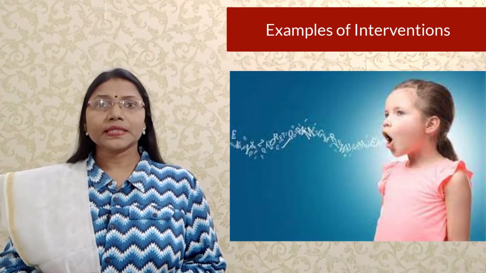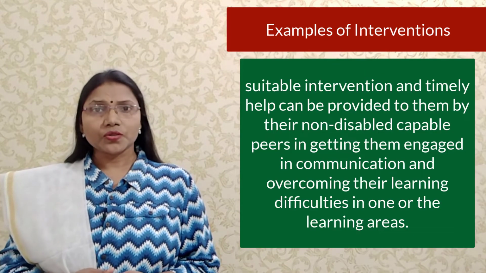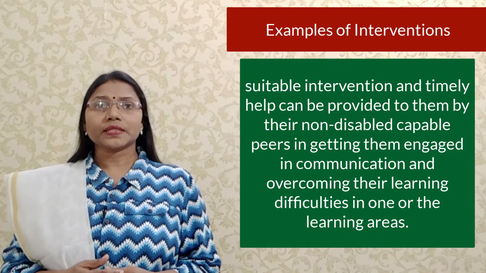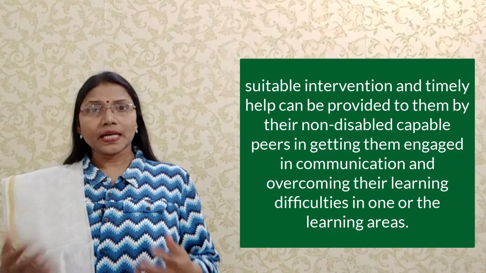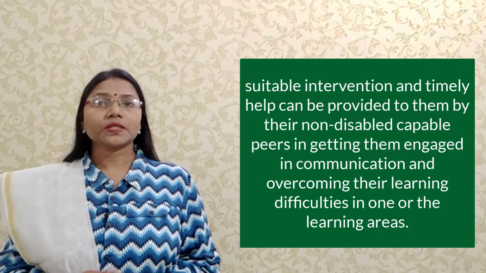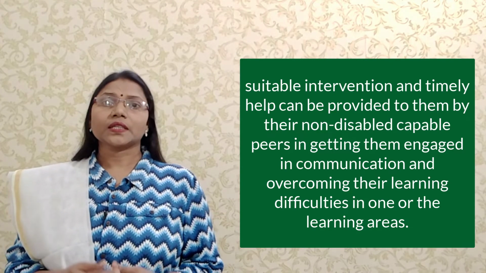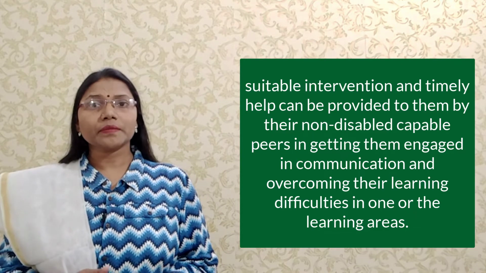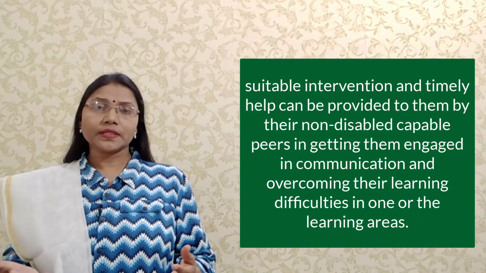Next example is in the case of children suffering from communication disorders and learning disabilities, suitable intervention and timely help can be provided to them by their non-disabled capable peers in getting them engaged in communication and overcoming their learning difficulties in one or more learning areas.